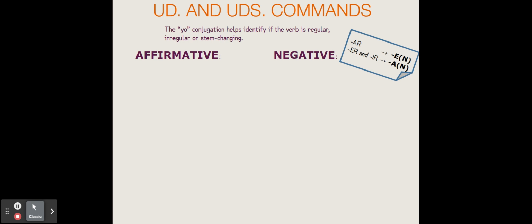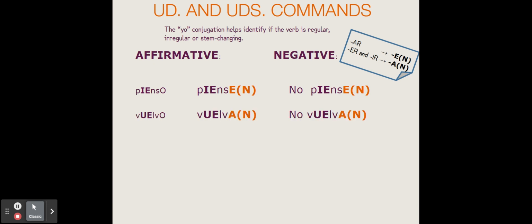El verbo pensar is stem changing in the yo conjugation. So we drop the O, and it's still stem changing in the command form. Piense, piensen, no piense, no piensen. The same with vuelvo, drop the O from the yo conjugation, vuelva, vuelvan, no vuelva, no vuelvan.